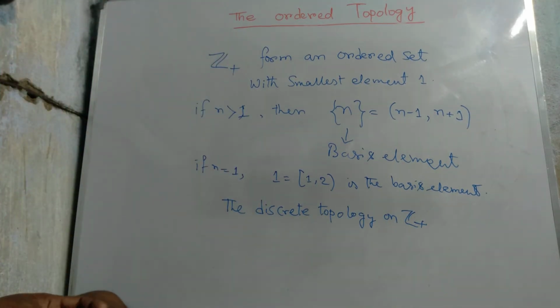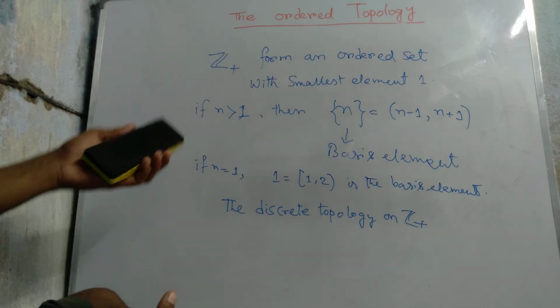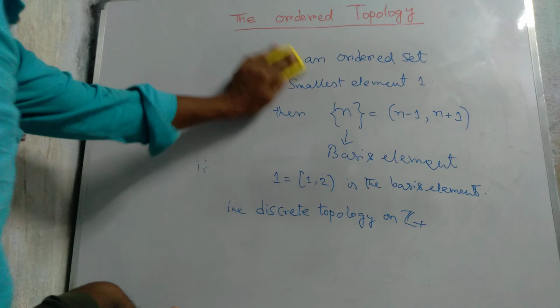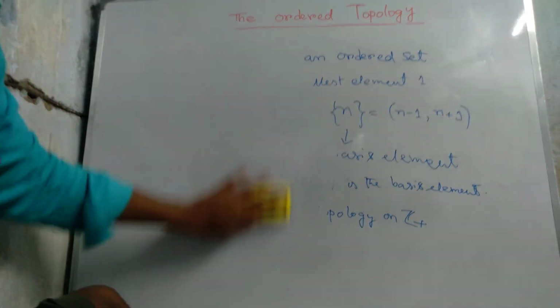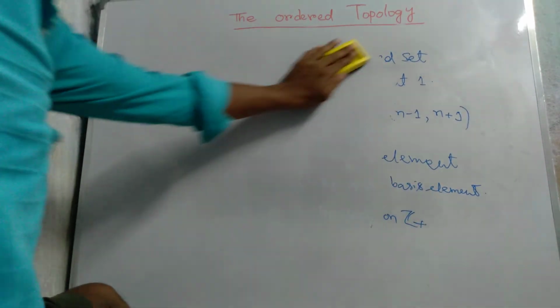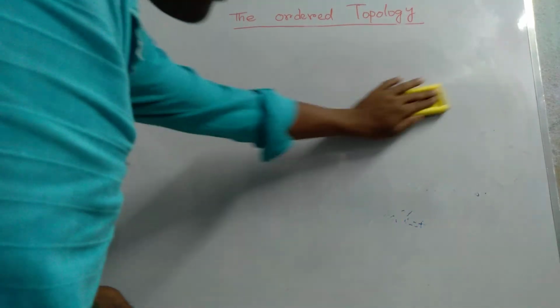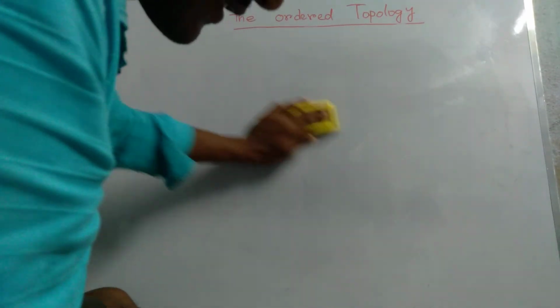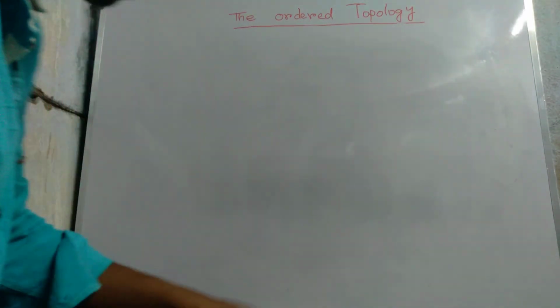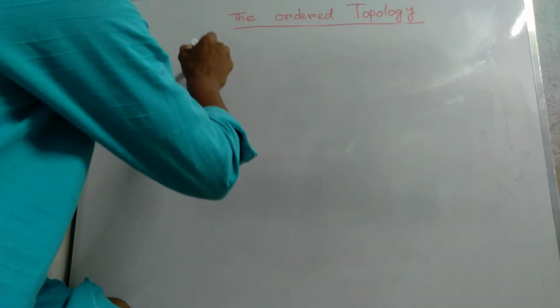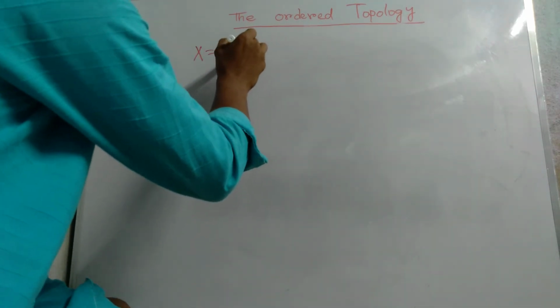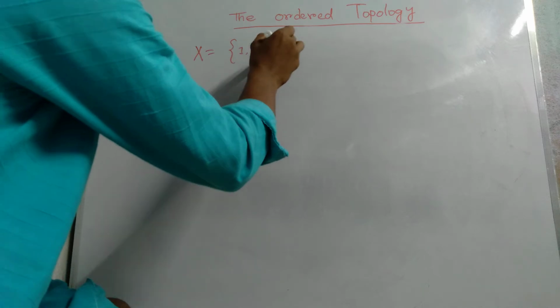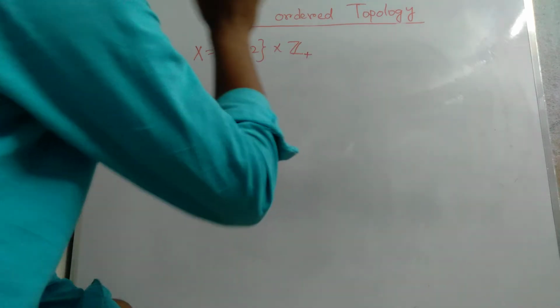Okay, now the next one is one of the important examples and harder than the previous ones. Which example? We take the set X equal to the 2-point set {1, 2} Cartesian product Z plus.